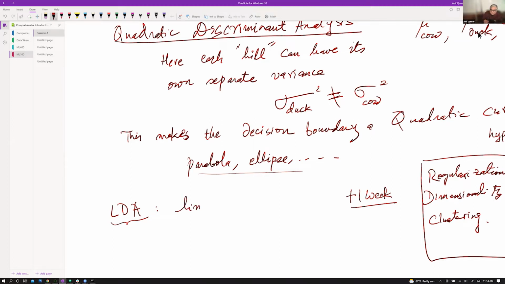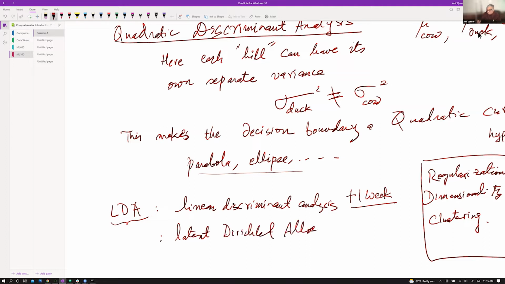One is linear discriminant analysis, and the other is a topic that we will learn one day when we do natural language processing in your ML500, which is called latent Dirichlet allocation, often used for e.g. topic modeling.